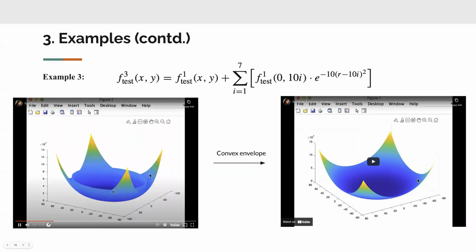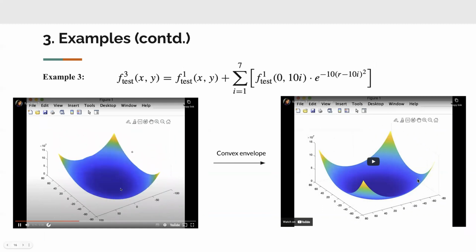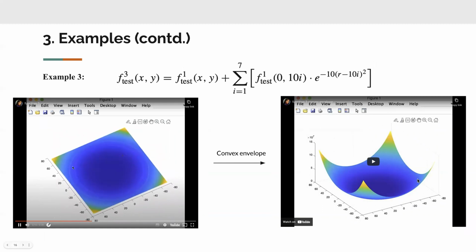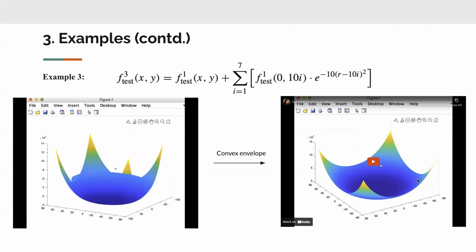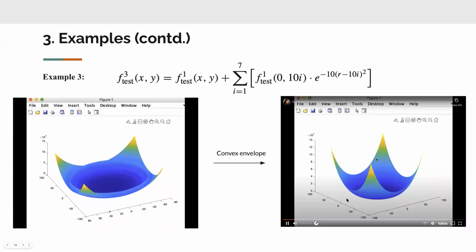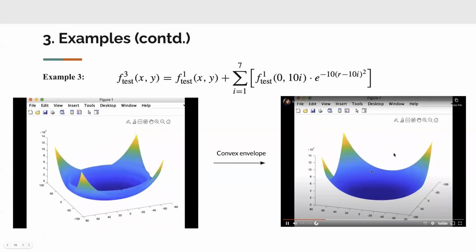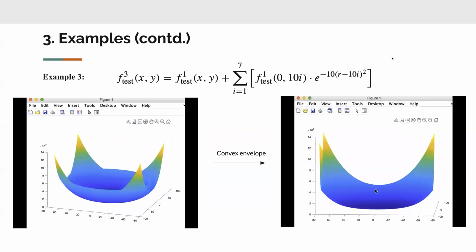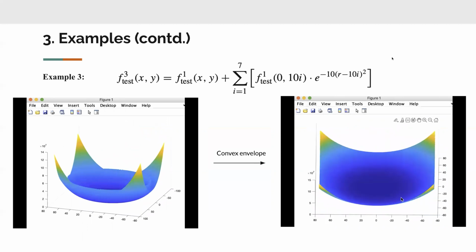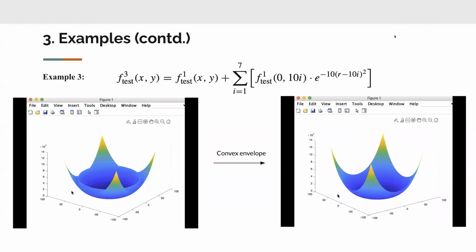So if we make this graph flat, you'll see there are these circles, these are actually protruding upwards, which makes this function a non-convex function, whereas the convex envelope that is being created is another smooth convex envelope, which is really nice. And going forward, we will also look at the non-convexity region produced by each of the algorithms.